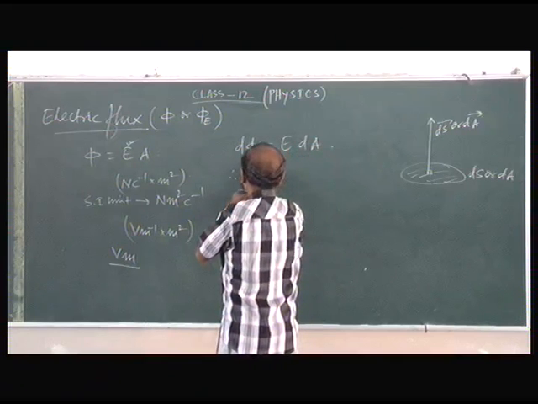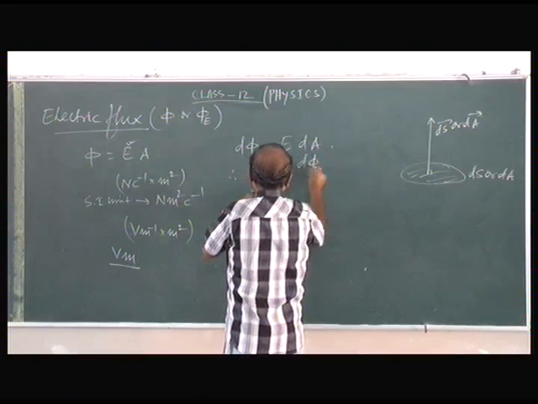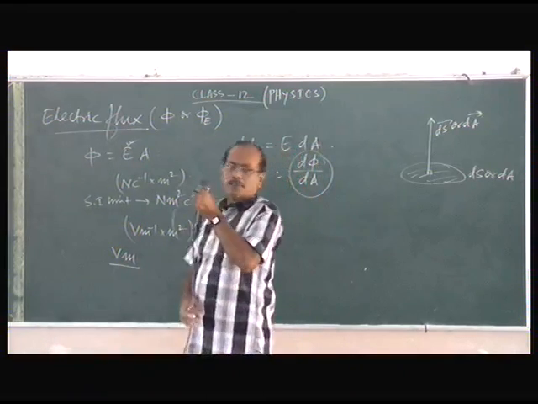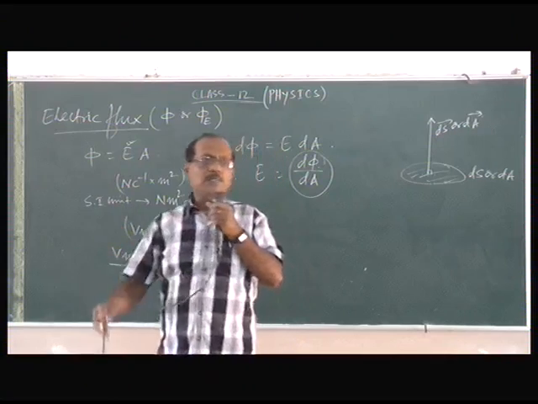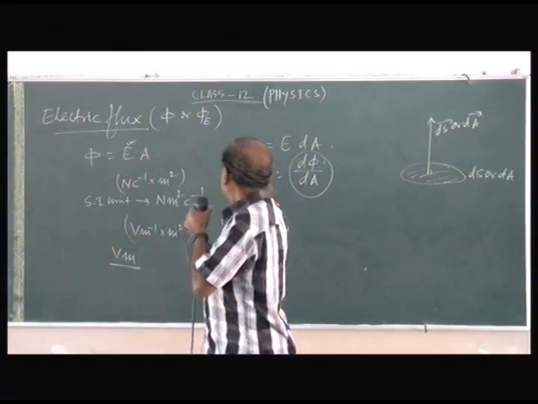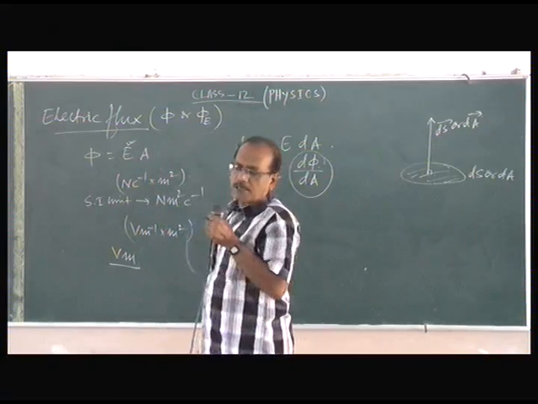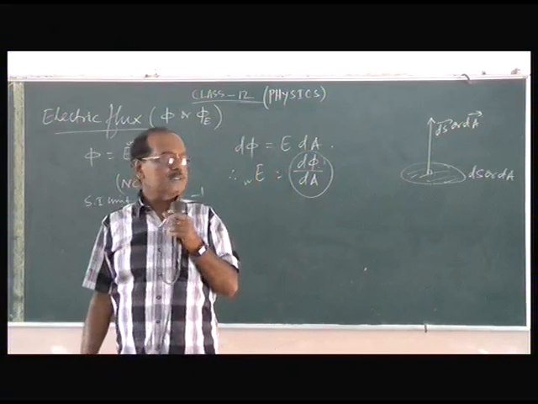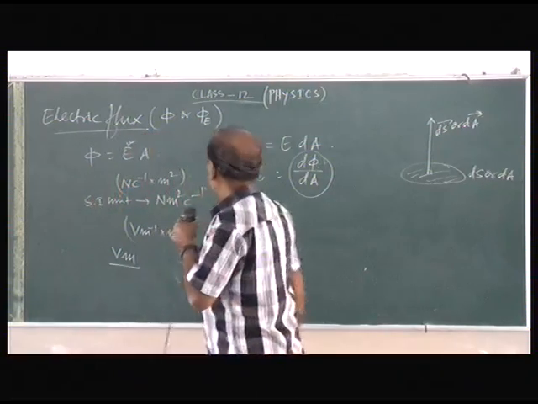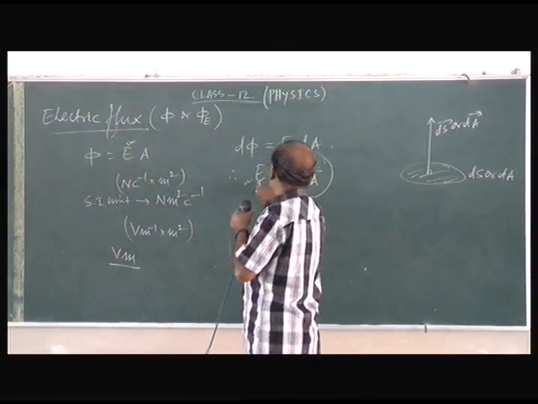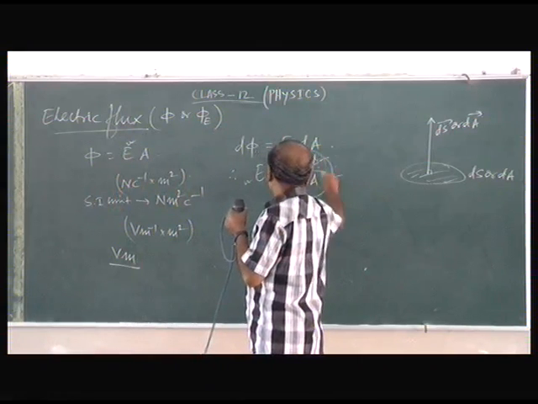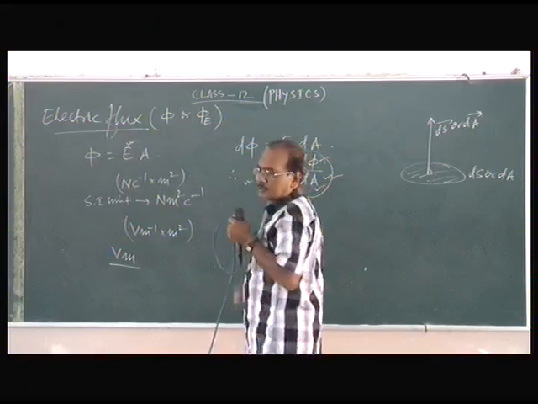Therefore E is equal to d phi by dA. This term is electric flux per unit area. So again, the electric intensity is also known as electric flux density. Electric field is also known as electric flux density, electric flux by area, per unit area.